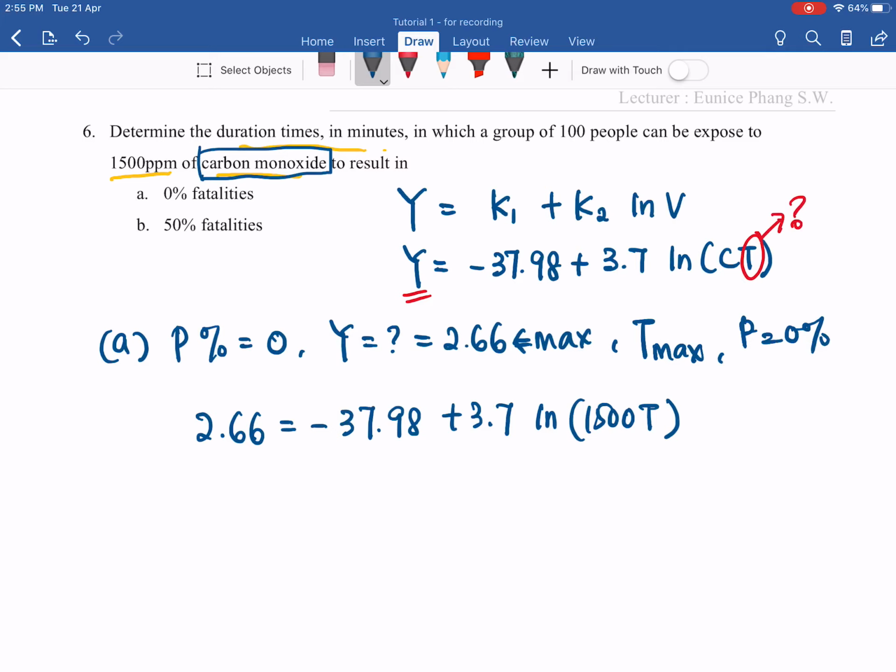So you get something like 1500T equals e to the power of 2.66 plus 37.98 divided by 3.7.